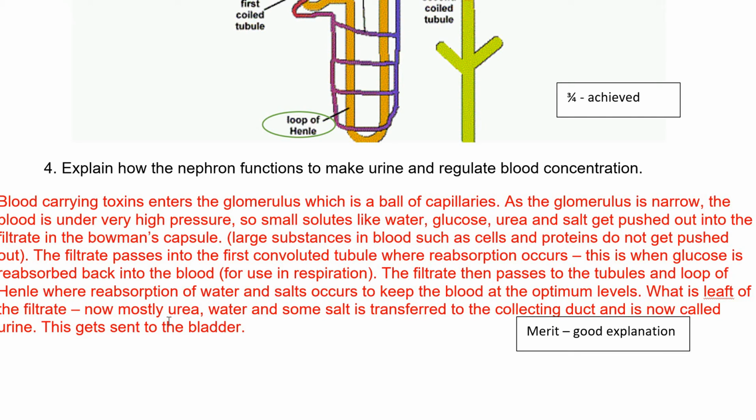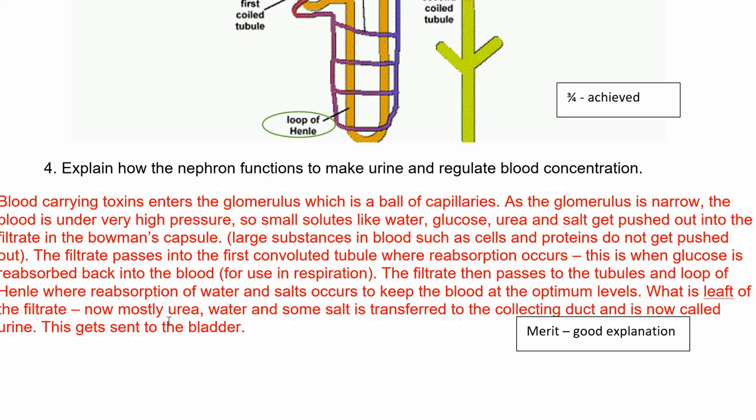Say what it is, say what it does, critically say why it's important. So, yes, you reabsorb glucose. Yes, you do that via active transport. Yes, you need that, but you need that because glucose is going to be used by the cells of your body for respiration, which is the process through which those cells will get energy from food. It's kind of a big deal.